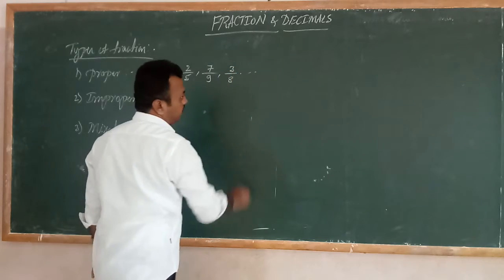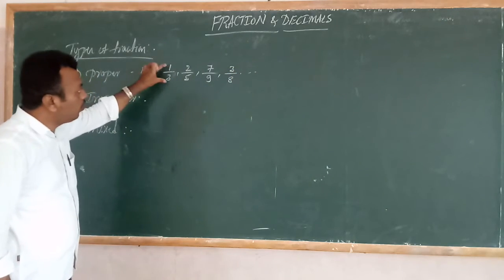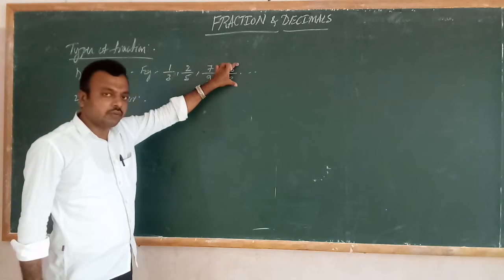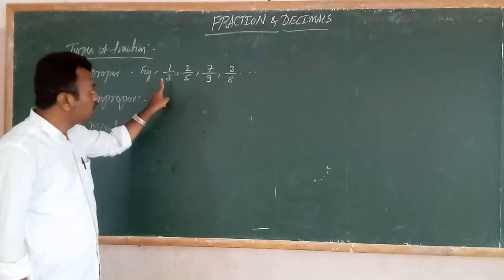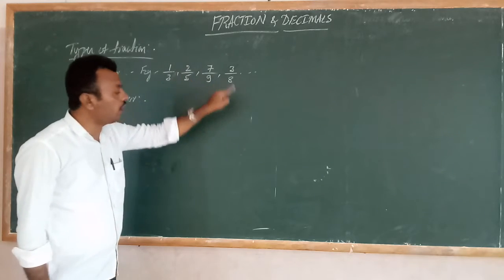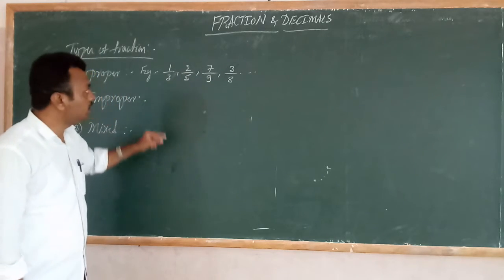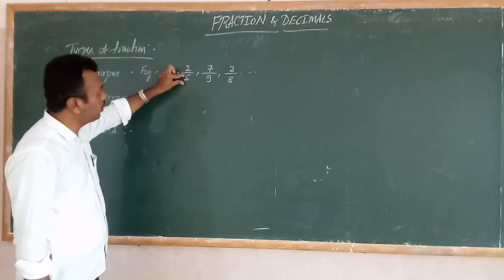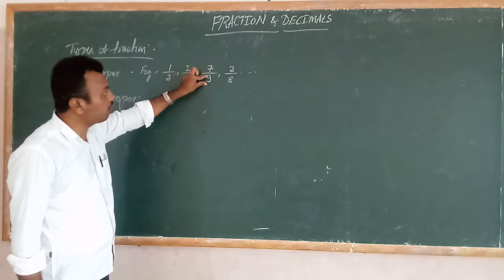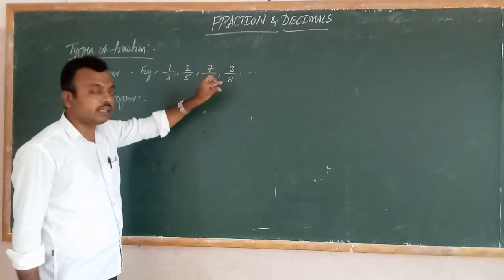8, etc. See, all these fractions, you have to observe them, students. In every fraction you have to observe the denominator and the numerator. See, the numerator is 1, denominator is 3. Here the numerator is 2, denominator is 5. Numerator is 7, denominator 9, numerator is 3 and denominator 8.